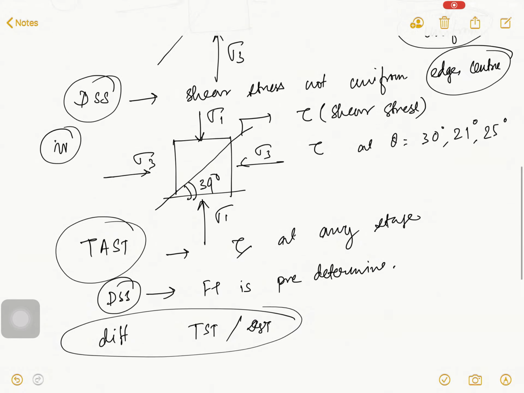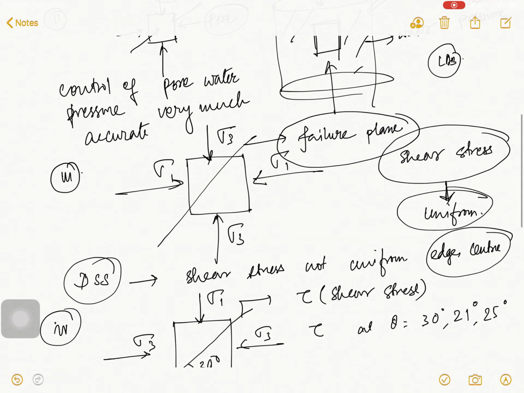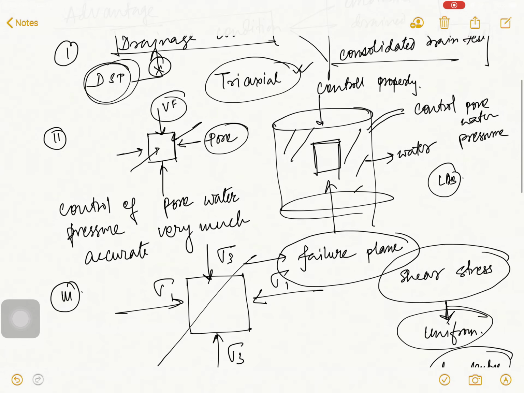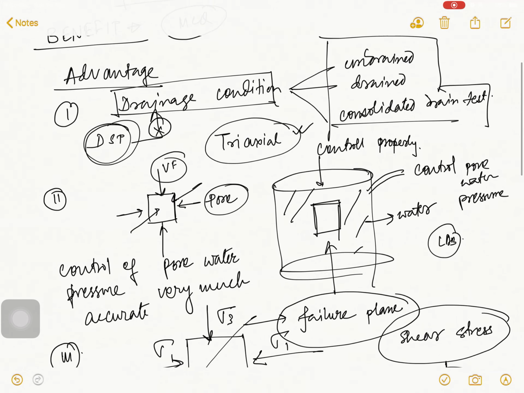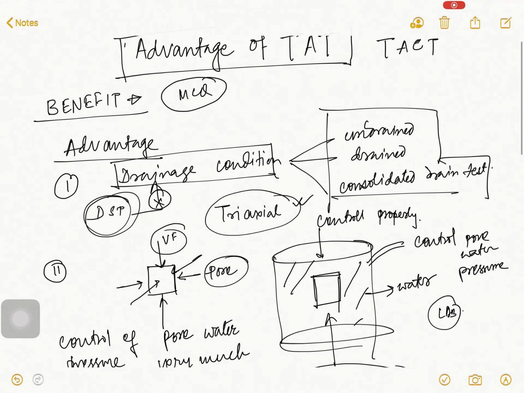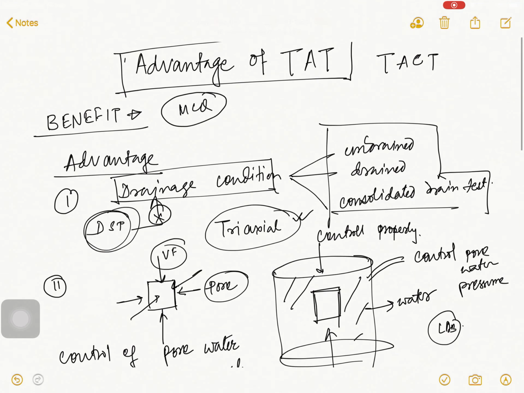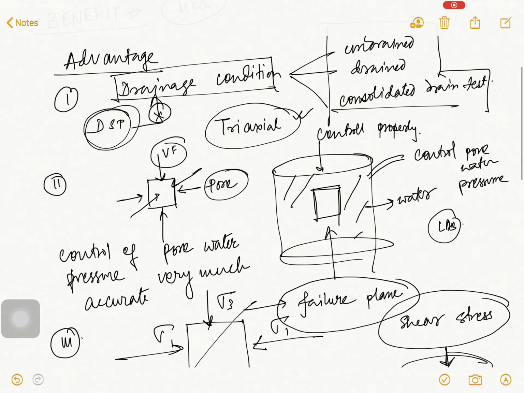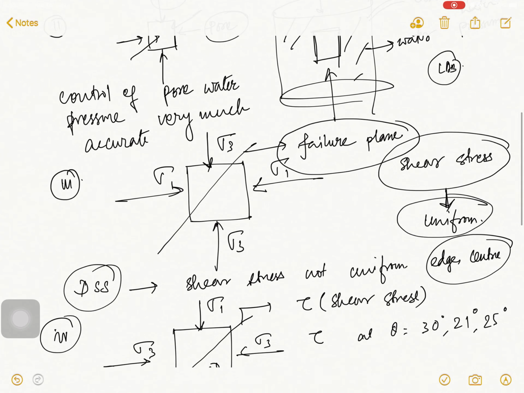And a few MCQs come from these 4 points. Mark my word, it may come in GATE, engineering services, PSC, state PSC. So I hope there is no doubt in these 4 points. If you have any kind of doubt regarding these 4 points, do comment in the comment section. I will definitely get back to you.